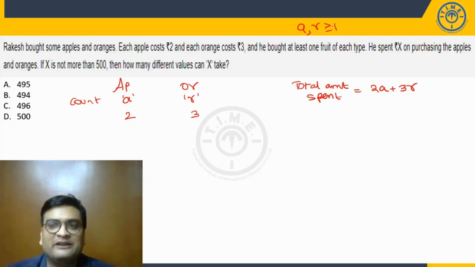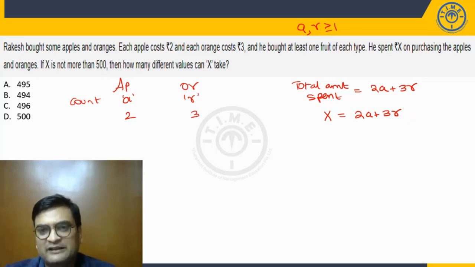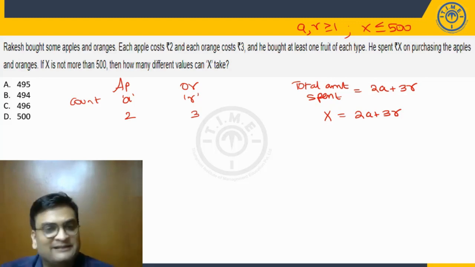He spent X rupees on purchasing the apples and oranges, so this total amount spent is nothing but X. If X is not more than 500, that is, X is less than or equal to 500, then how many different values can X take?